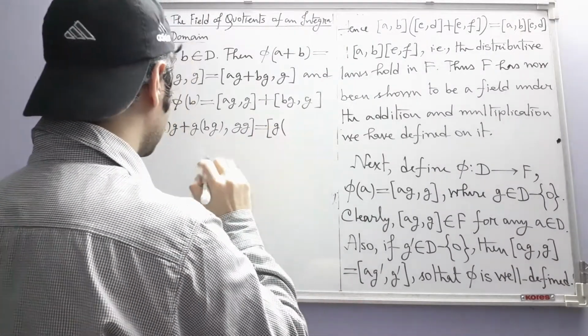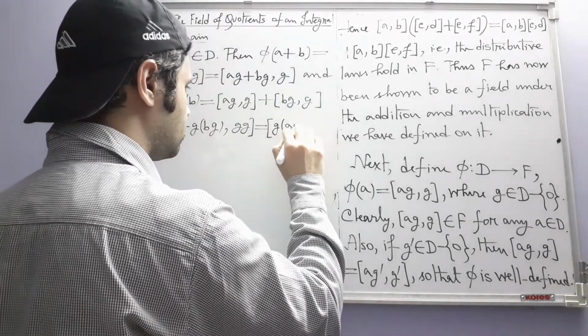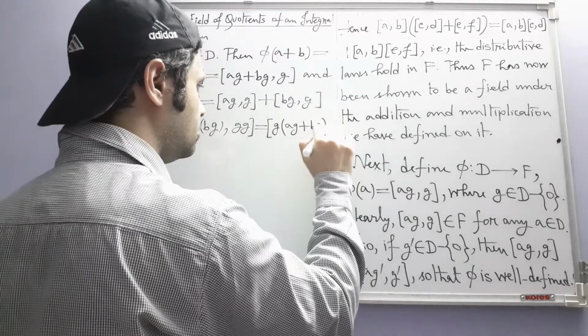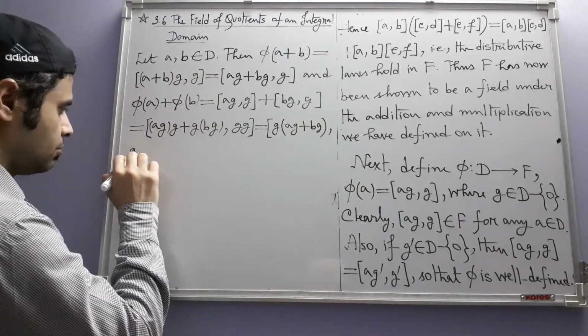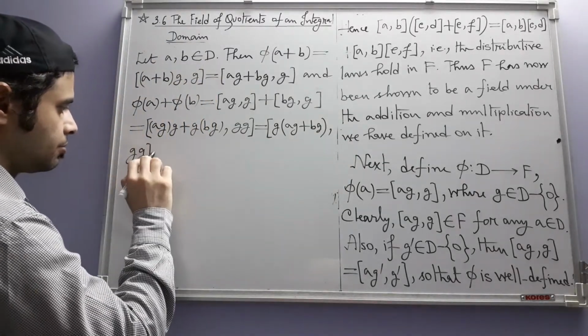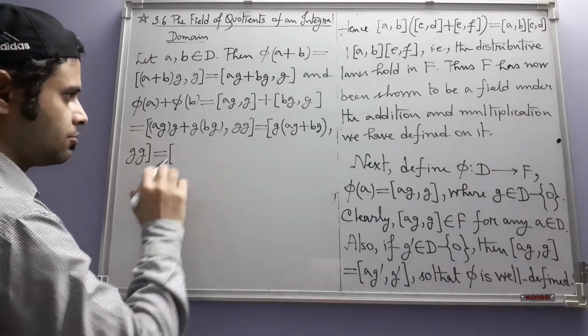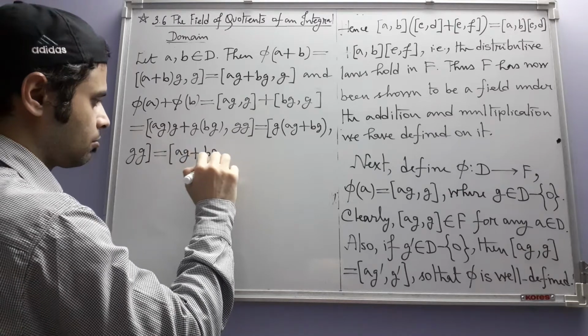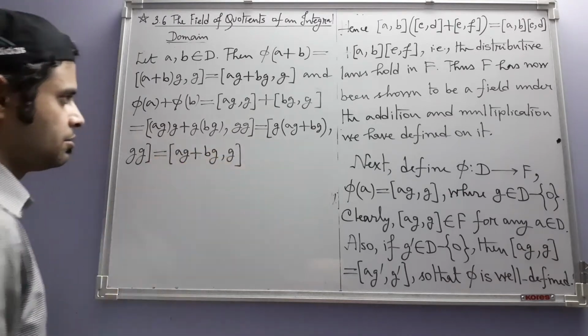If you want, you can write one more step, (AG plus BG, GG), and this becomes equal to (A plus B, G).